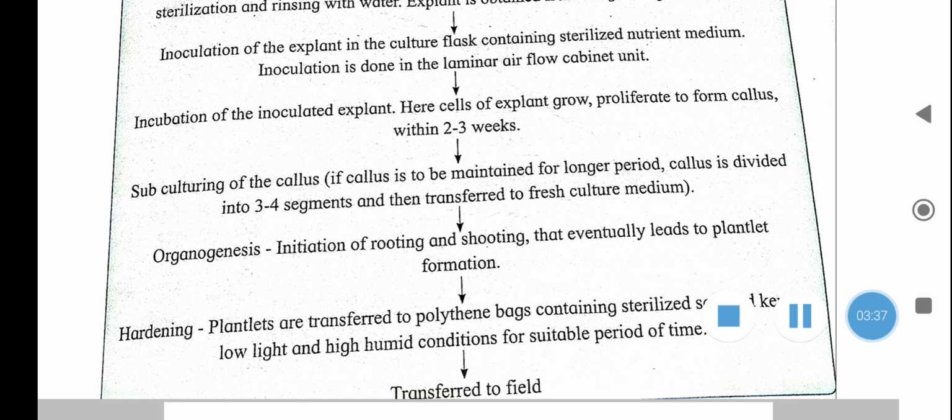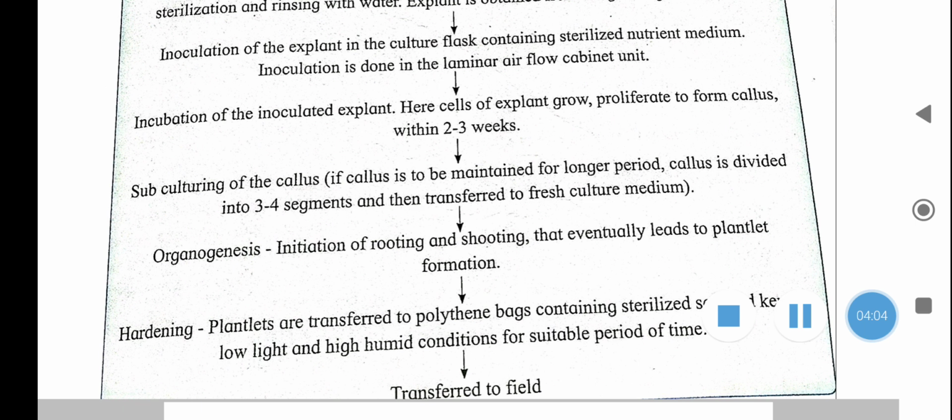Then organogenesis, that is initiation of rooting and shooting, that eventually leads to plantlet formation. And finally hardening. Plantlets are transferred to polythene bags containing sterilized soil and kept at low light and high humid conditions for a suitable period of time, and then transferred to the field.